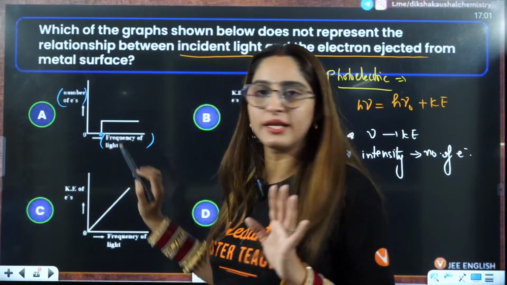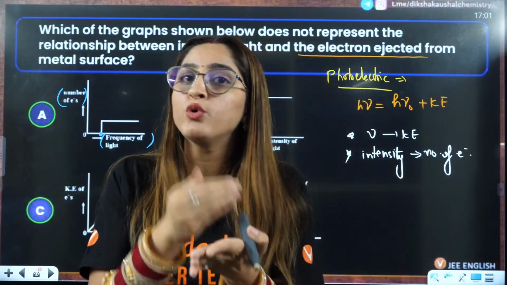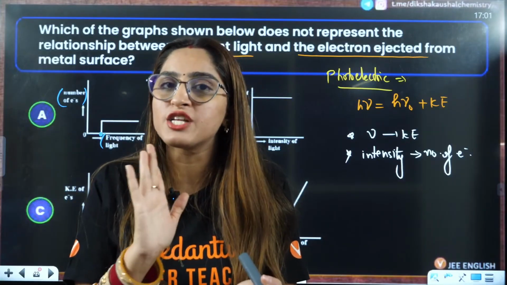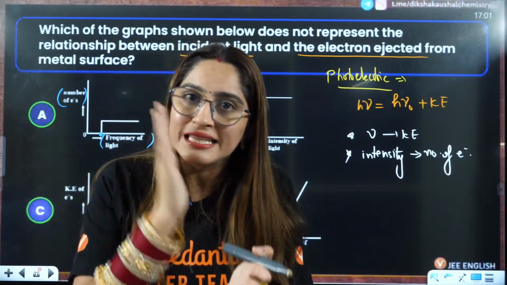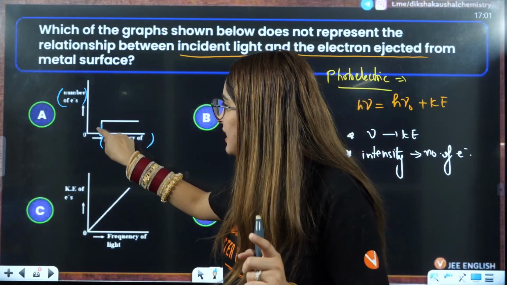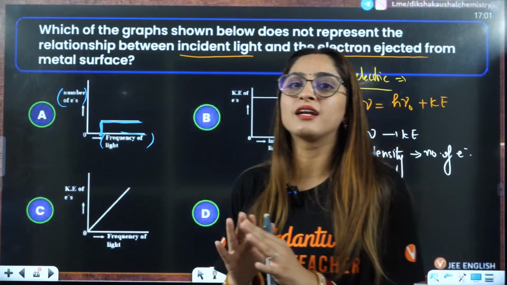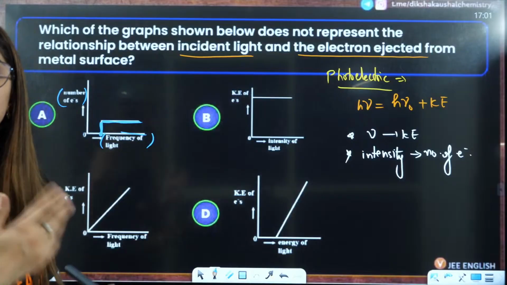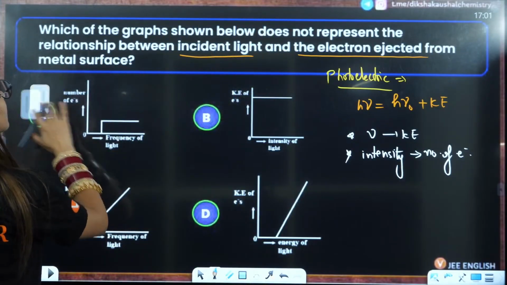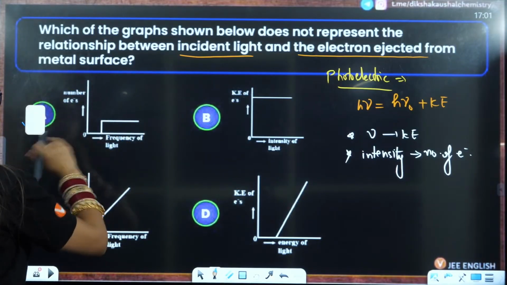But once you see that h mu matches h mu naught, the work function, then electrons are getting ejected here, and here they will become constant, because no matter how much you increase the frequency, the number of electrons does not depend on it. So this is the correct graph.